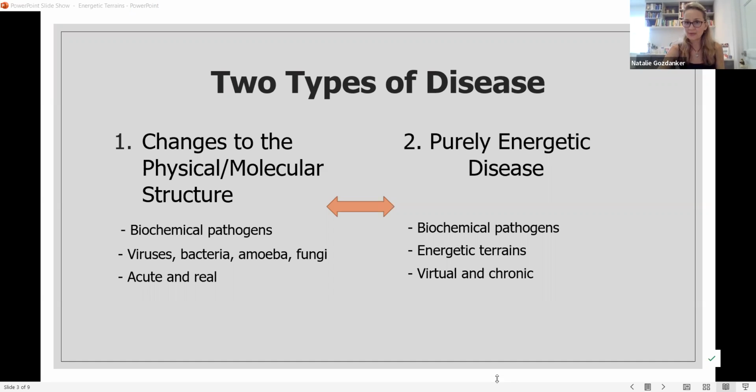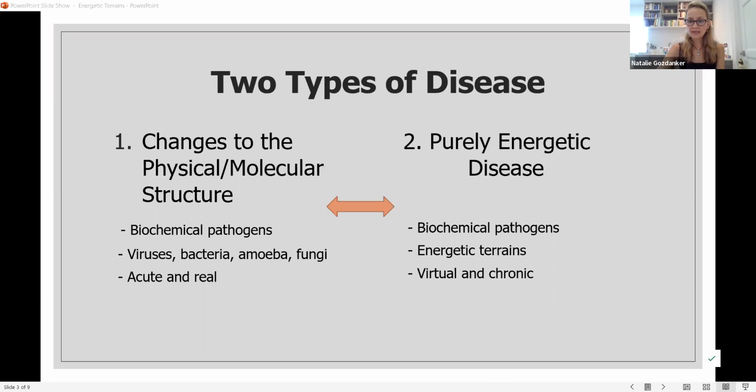And I will explain about that a little bit later. And usually these types of distortions are virtual and chronic. What it means is that sometimes the pathogen is not there, but the symptoms are still there, and the onset of the symptoms is very slow, and the disease is slow progressing and becomes chronic, okay?